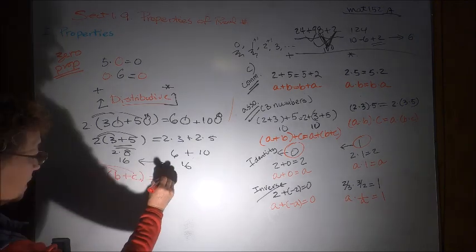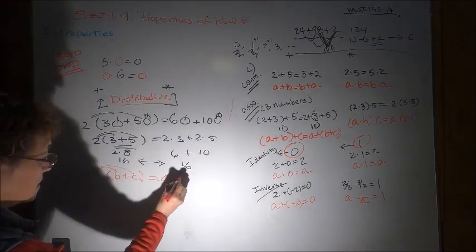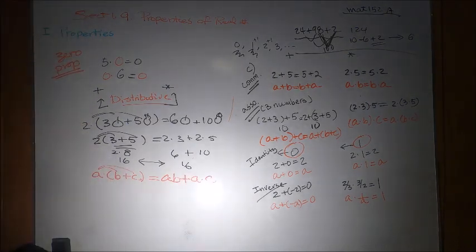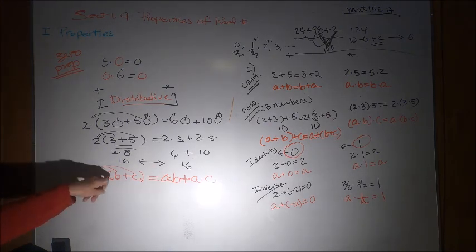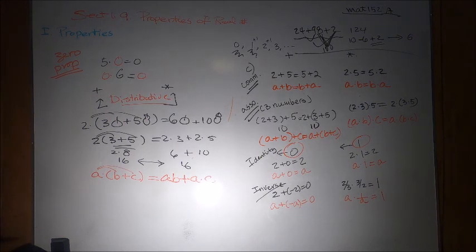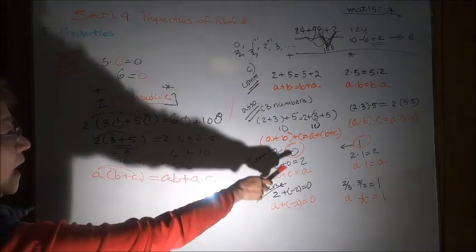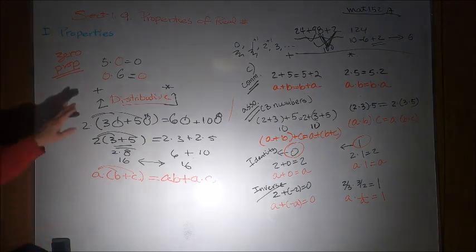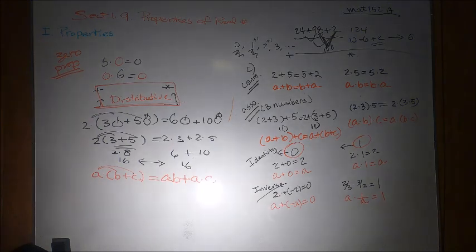So I write it differently: A applies to B, and then also A applies to C. That means we need to distribute the A to both B and C. That's called the distributive property. This is just background information for numbers, and this one you are actually going to use in your algebra.